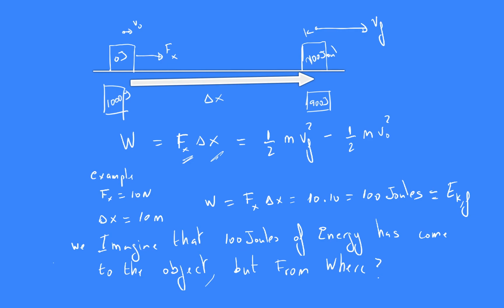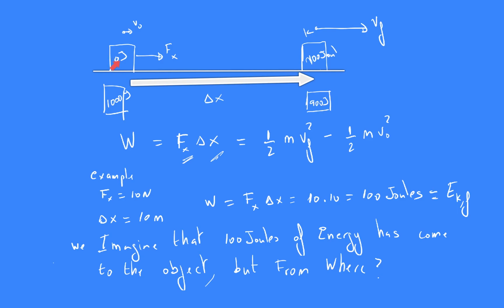And the 100 joules that you lose, the body gains as 100 joules of kinetic energy. So the body gains 100 joules in kinetic energy, and you lose 100 joules in potential energy. If you start with 1000 and you end with 900, you lose 100 joules.